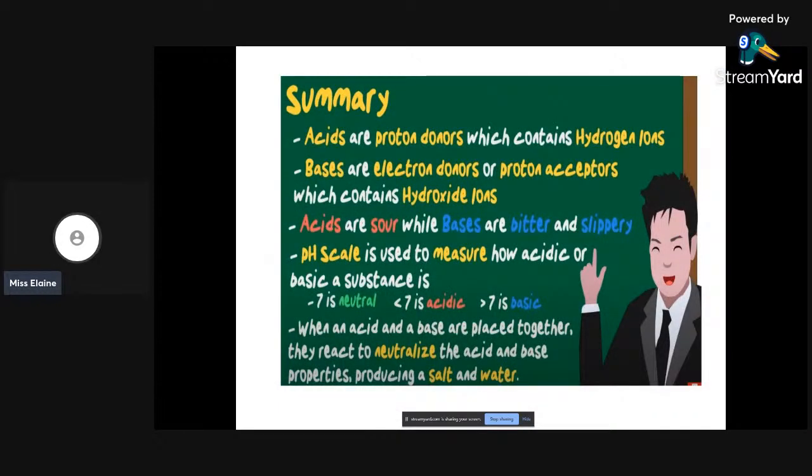So, let's have a summary here. So, when you say acid, what? Proton donor. Which contain hydrogen ions. Always remember when we say acid, hydrogen. While bases is hydroxide ions. So, yung electrons niya, donors, and protons niya is acceptor.